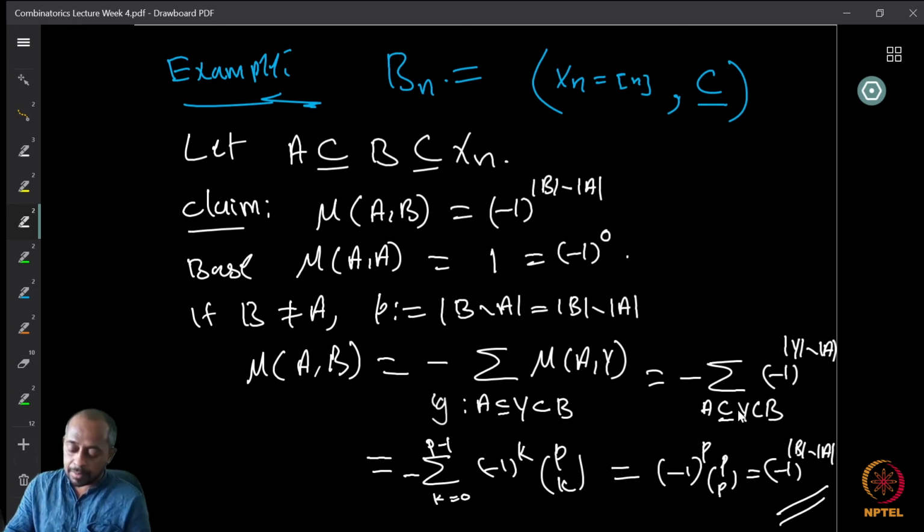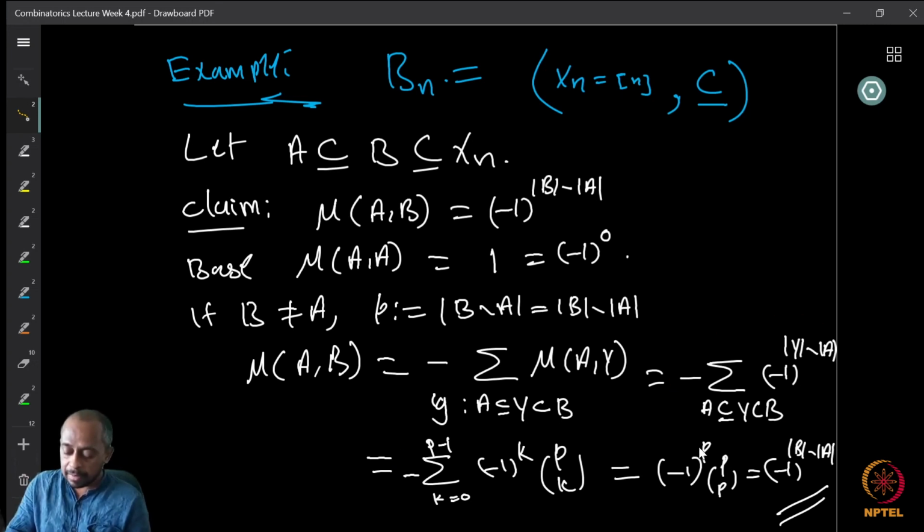Well, if you look at the cardinality of y minus A to be, let's say, k, then there are exactly p choose k sets y with cardinality k, where p is the largest cardinality here. So k ranging from 0 to p minus 1, there are precisely p choose k of them, and so the contribution is minus 1 raised to k, times p choose k, where k is ranging from 0 to p minus 1, will be precisely this sum.